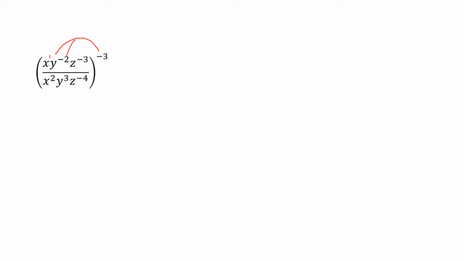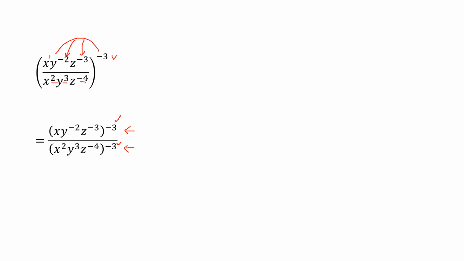It will be multiplied with -2, it will be multiplied with -3, and the same here, here, and here. So first of all, I divided the whole bracket into two brackets, first the numerator bracket and then the denominator bracket. And I write -3 as the exponent in both cases.